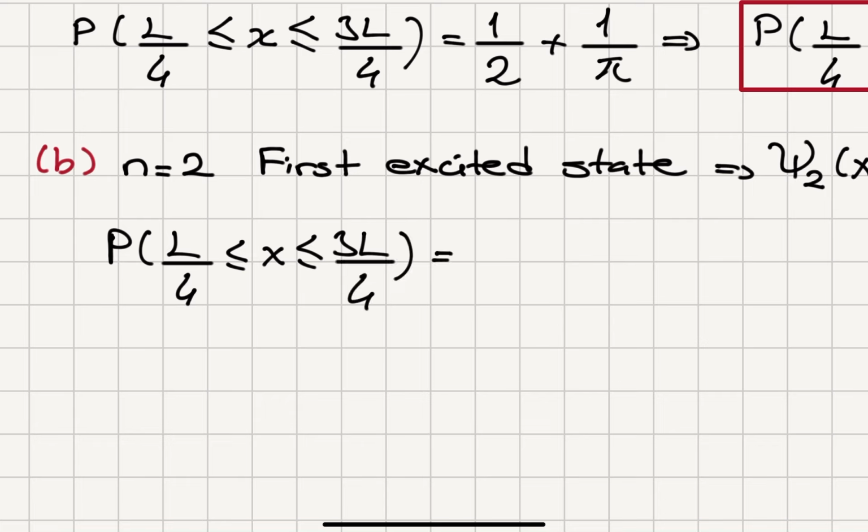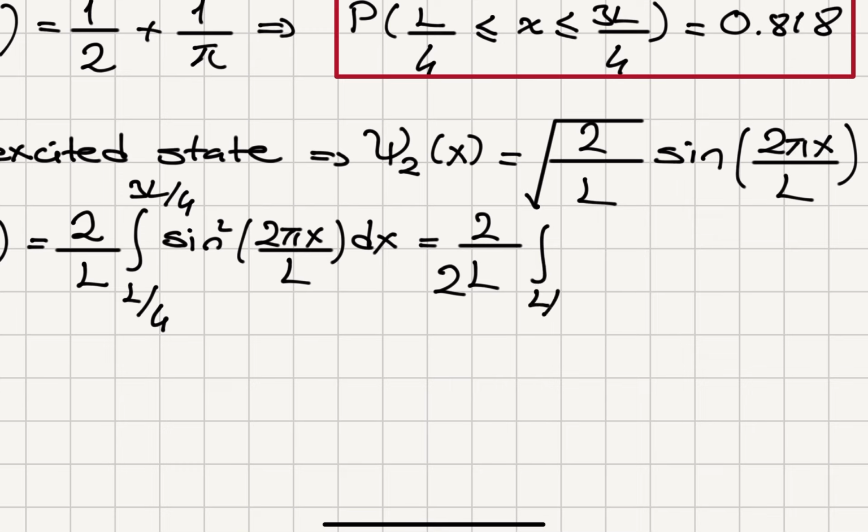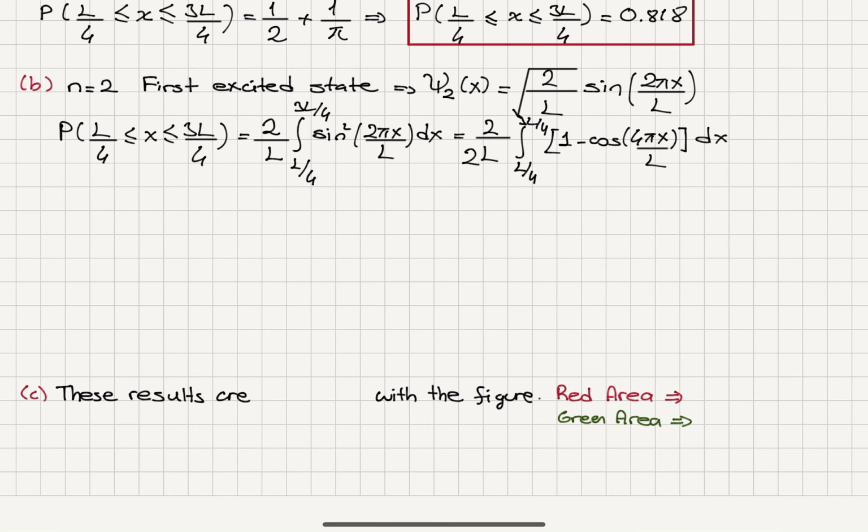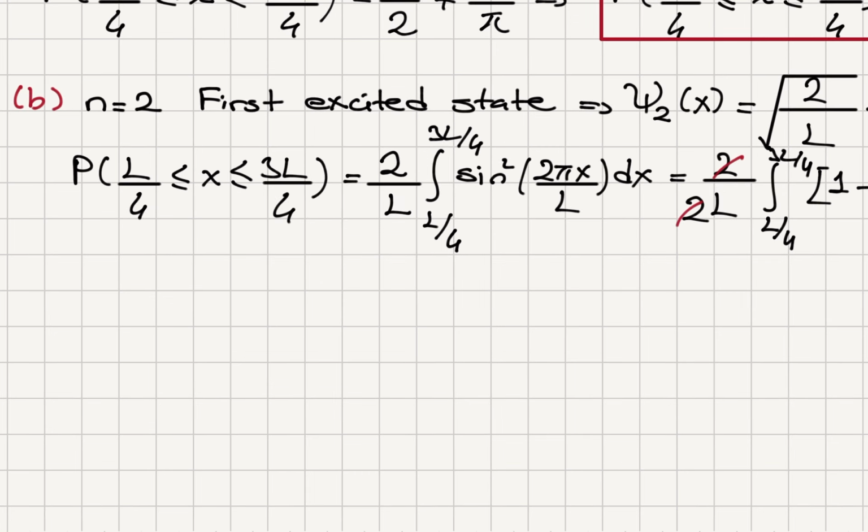This will give me 2 over L, 1 over 2, so integral from L over 4 to 3L over 4, 1 minus cosine 4 pi x over capital L, dx. The 2's cancel again, and now I can evaluate this integral.